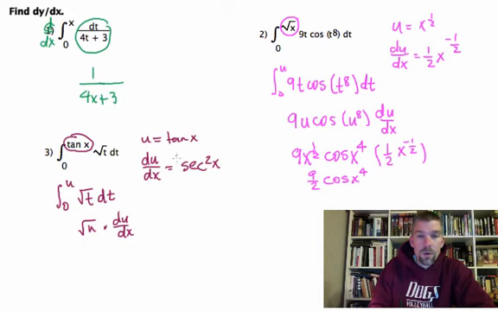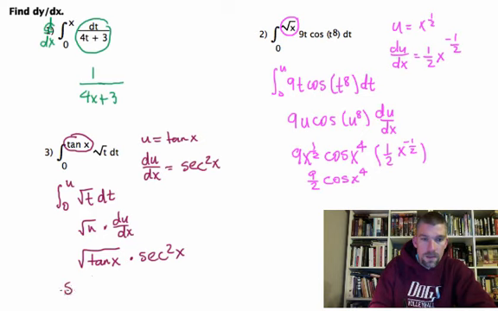And so what do we do? Replace the u's. We've got those u's here. We just replace them. So we're talking about the square root of tangent x times secant squared x. A prettier way to write this one would be secant squared x square root tan x.